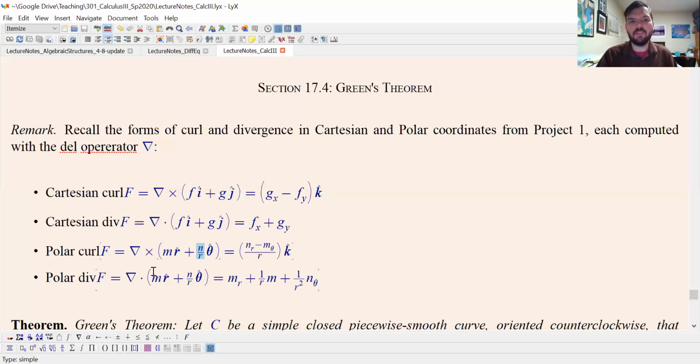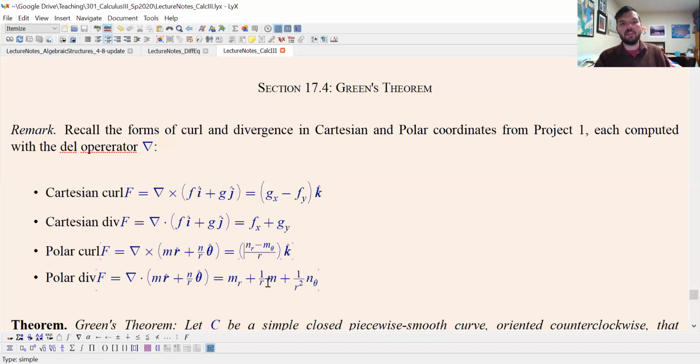And then when we computed the curl in polar, we got the similar differences of the mixed partials, n sub r minus m sub theta, again the r partial of the theta component minus the theta partial of the r component, all divided by a common r. And that is the k hat direction. So again, this is rotation in the x, y, or r theta plane, perpendicular to that z-axis.